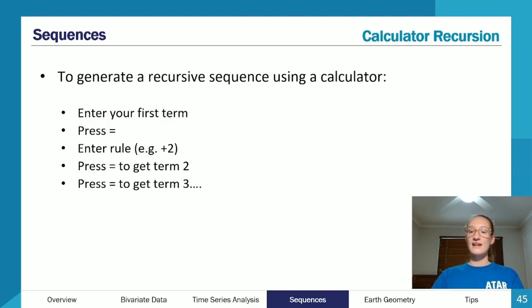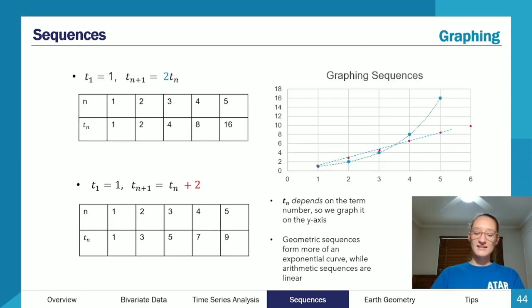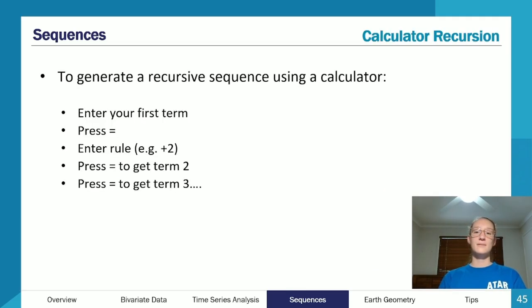And that separation is only going to get further as we continue, because this is going to keep following that same straight line forever, but this is going to keep doubling and doubling and doubling. It's so interesting to think about how they're modeled and represented differently, and it's especially obvious when we compare them on the same graph. So like I said, geometric sequences, we're thinking exponential curve, whereas our arithmetic sequences are linear.